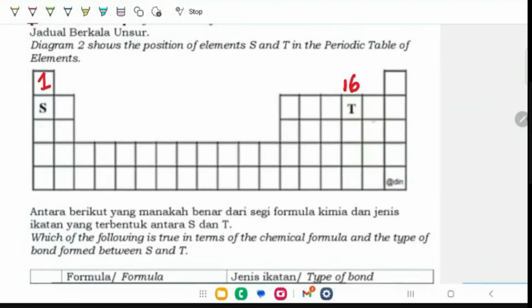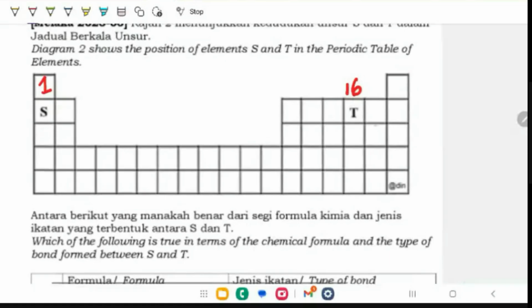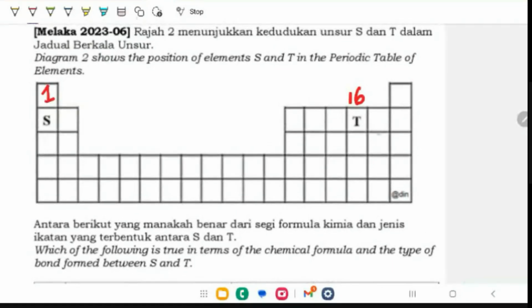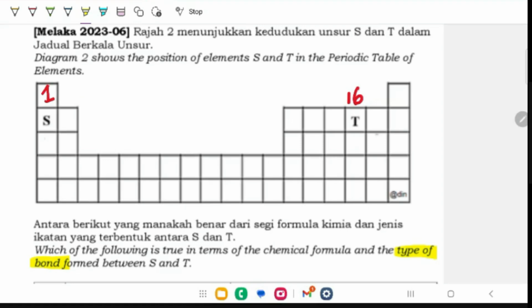So first, type of bond. So what type of bond, class? Jenis ikatan. Ionic bond. Okay, then formula.